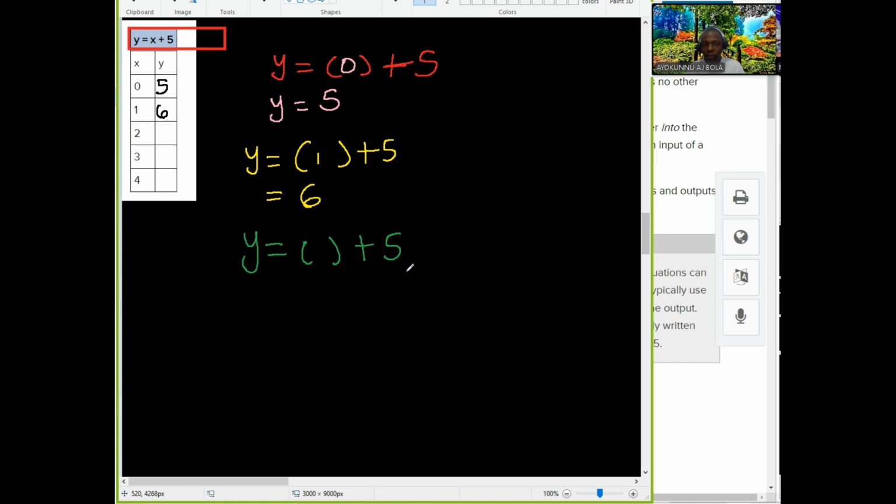It's 2. So y will now be 7, okay? Yes. And for the next one, y equal to x plus 5, that's 3. And y will be 8. And so on. The last one should be 9, okay?